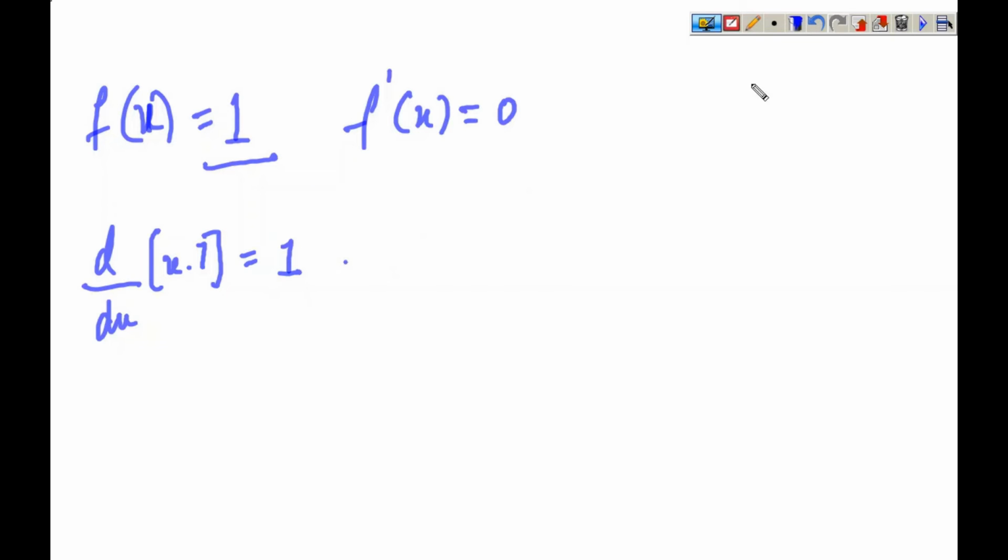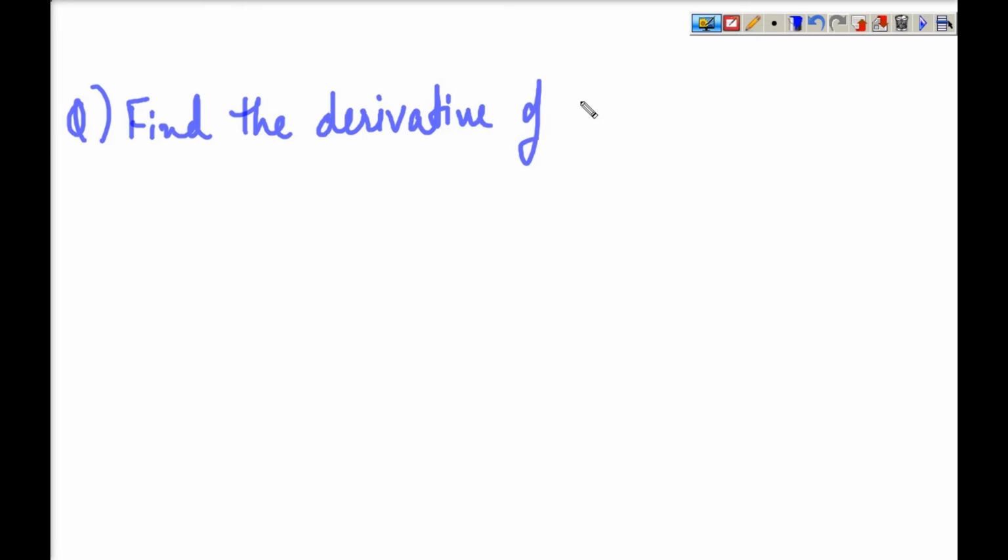Now let's move on to the second question we are given. Let's find the derivative of a function f of x equals x raised to power n.